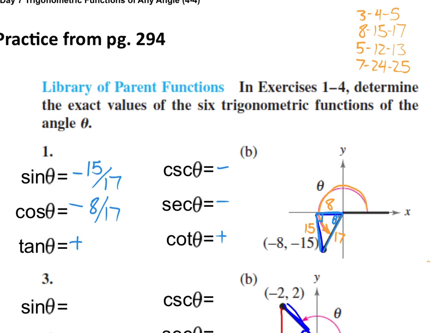How about tangent? Negative 15 over negative 8, so it's a positive 15 over 8. And then just reciprocals. Now you just have to flip them. So it's negative 17 over 15, negative 17 over 8, and 8 over 15.